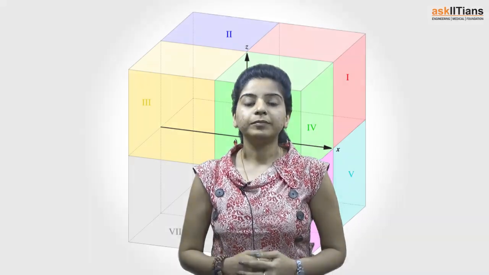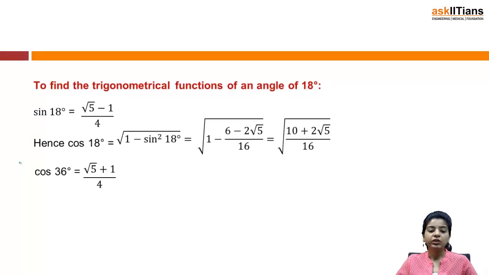So let's begin. Now we shall discuss how do we find out the trigonometrical functions of an angle of 18 degree. As far as finding the trigonometric functions of 18 degree is concerned, you can either learn the formula or there is also a method to compute this angle, but obviously in exams like IIT JEE you cannot dare to waste your time, so it would be better if you just remember the formula.